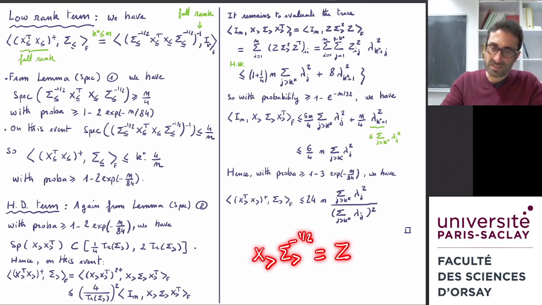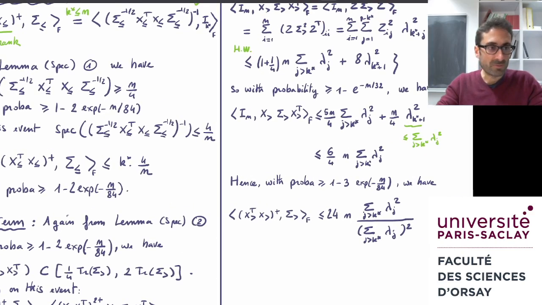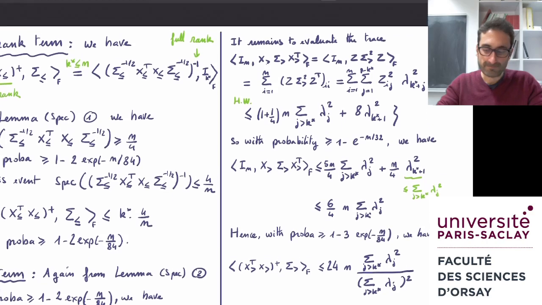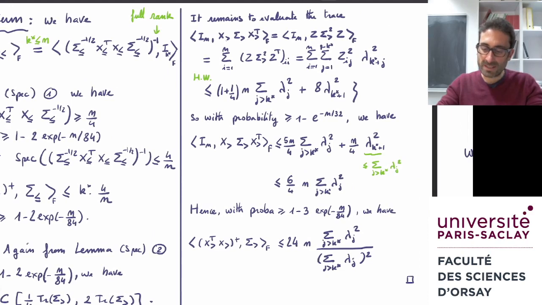Okay, so the entries of Z are IID standard Gaussian. So by replacing X by Z, I get this formula here. Maybe I will zoom in a little bit. So I obtain this formula here.